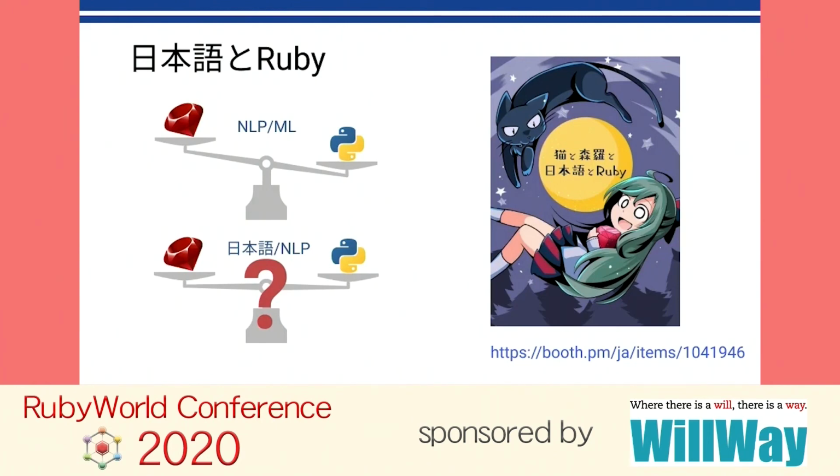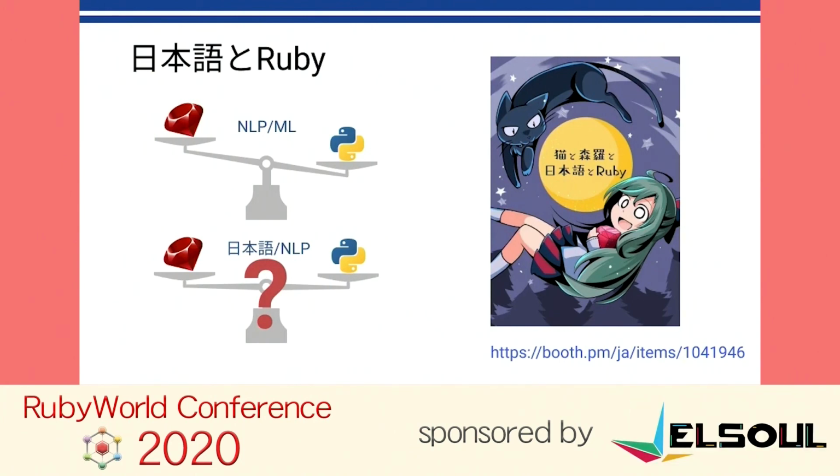So I mentioned that Python's advantage is supported by the large number of researchers. But what about the Japanese language? Ruby was initially developed in Japan by a Japanese developer. Therefore, as for functionality, it has some unique functionalities for the Japanese language, such as internal encodings.